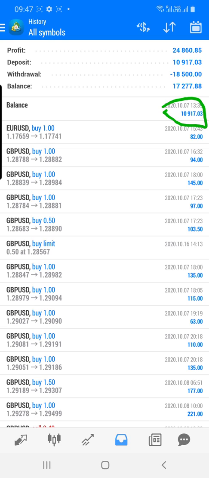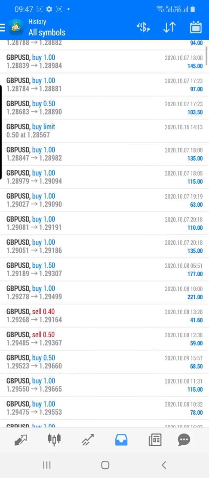Like I told you guys, I created this account so that I don't close any loss in it. Any loss you see here is a mistake, and I'll show you how I corrected it. So let's begin.